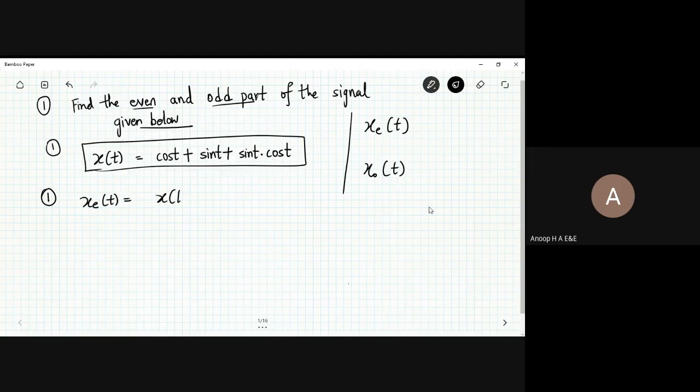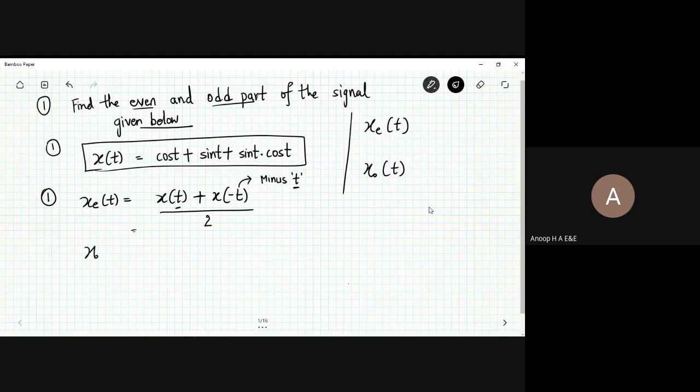It is x of t plus x of minus t, where t is the independent variable, so this is plus t and this is minus t, divided by 2. That is the value of x even of t: x of t plus x of minus t divided by 2.